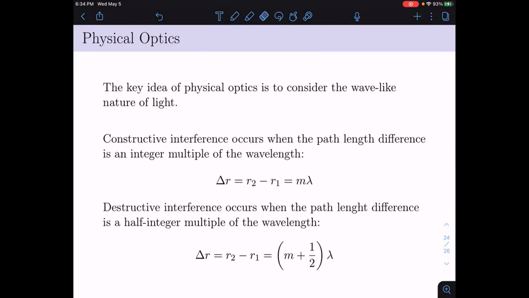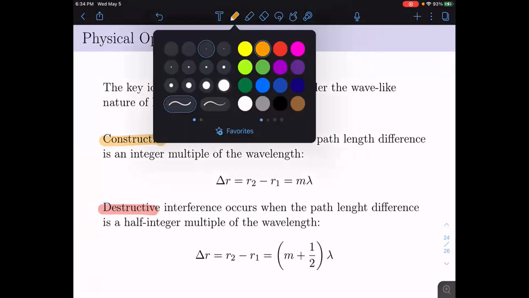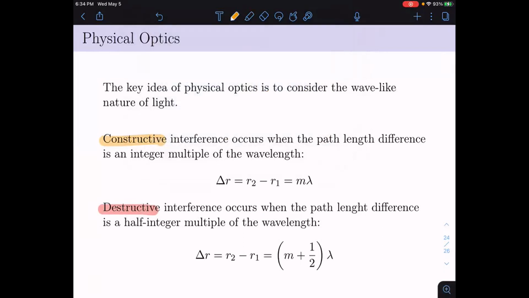the idea of constructive interference and the idea of destructive interference. The best way to explain the difference is to think about having two light waves. In the constructive case, I have two waves that are in phase. That means they have peaks at the same points and valleys at the same points.